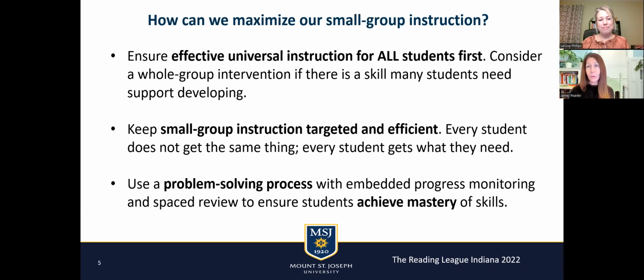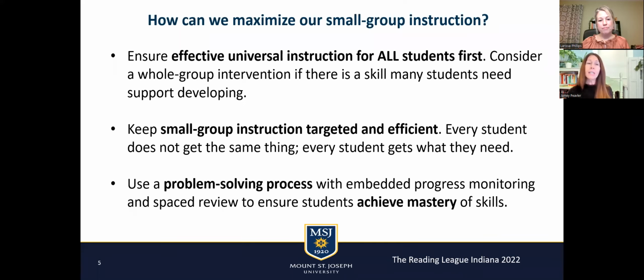Universal is going to be our first component, and it has to meet the needs of all students. It's not okay for the universal instruction to work for just a group of students. It needs to work for all. And if it doesn't work for all, our first step is to fix our universal instruction.